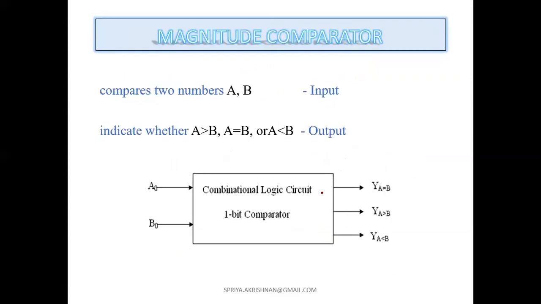Okay, we will go to the magnitude comparator. So what will a magnitude comparator do? It will compare two inputs. We know that a comparator always compares two things. Even the human brain does the comparison process all the time.